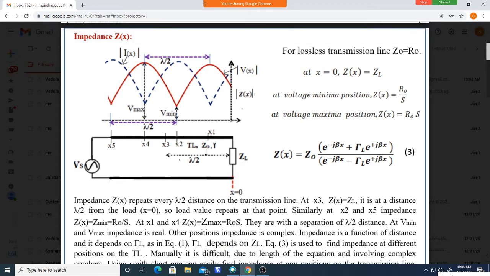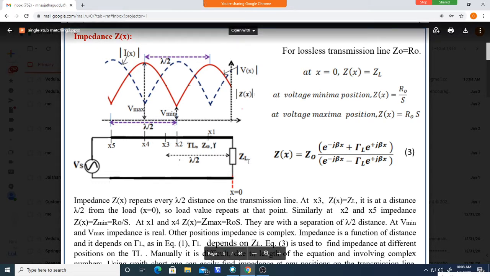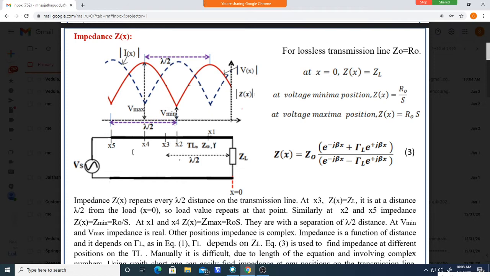And that is only if you treat the interconnect as a transmission line. Otherwise, if you measure anywhere over it, impedance is equal to ZL if this is treated as a simple short circuit. I am repeating these things many times, but many of you are still not understanding this.